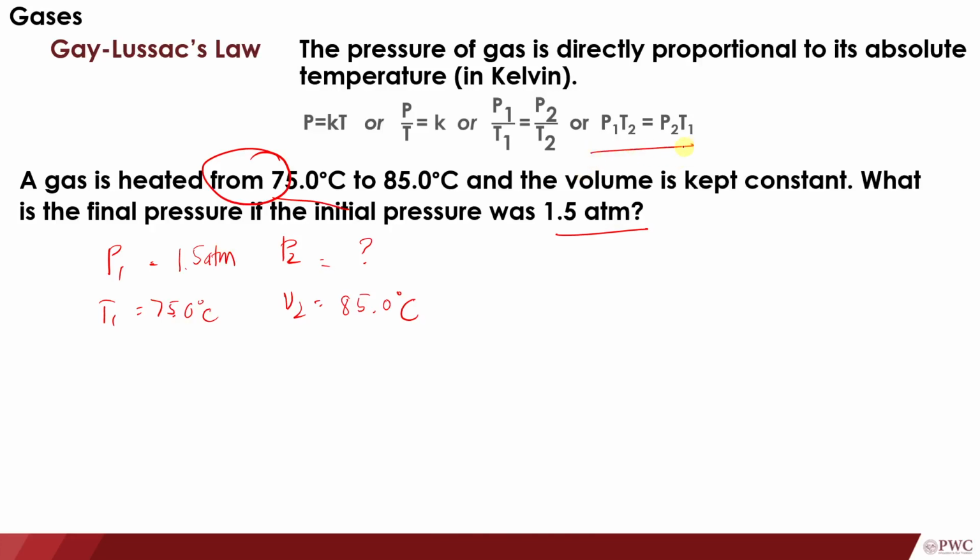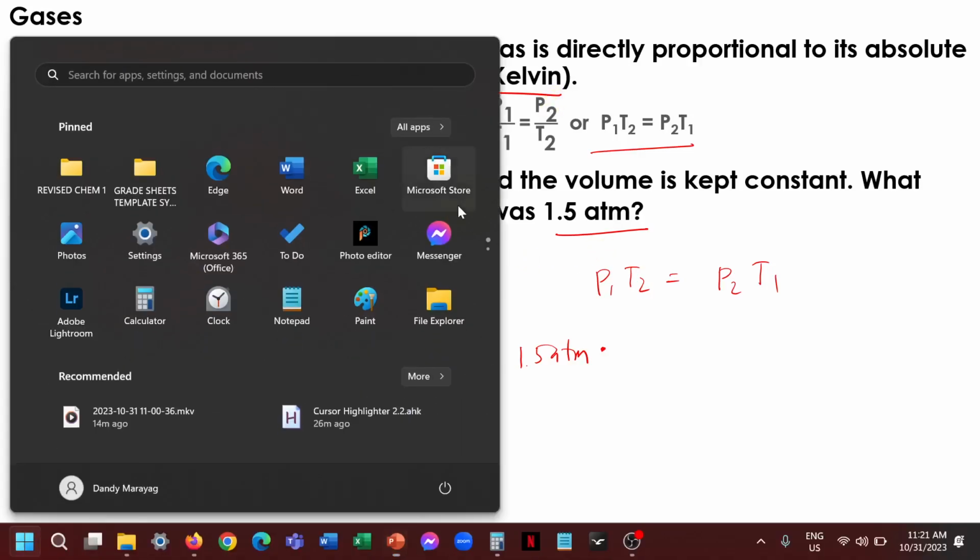So we can use this equation over here. We have P1 times T2 is equal to P2 times T1. Our P1 is equal to 1.5 atmospheres times our T2, which is 85. By the way, let's convert this one into Kelvin. The same thing again, the temperature must be converted to Kelvin if the given is in degrees Celsius.